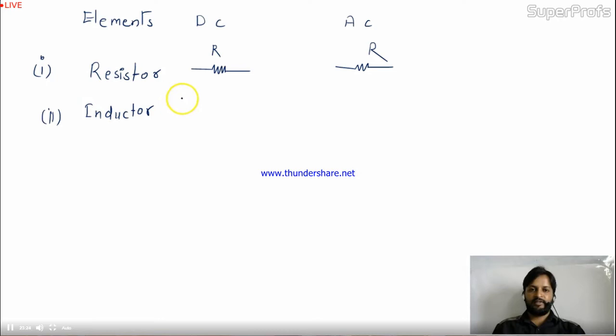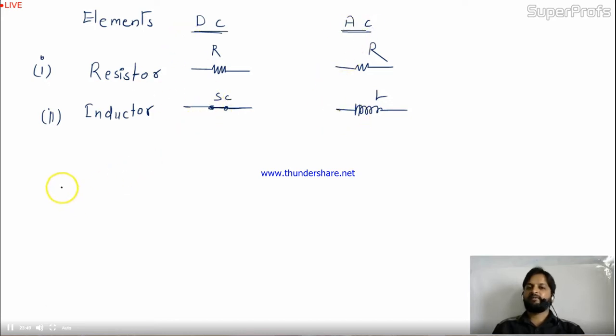So the inductor for DC, earlier we discussed it. DC has zero frequency. At zero frequency, the inductor acts like a short circuit. And for AC, it will act like an inductor. For the AC circuit, it will provide its value.